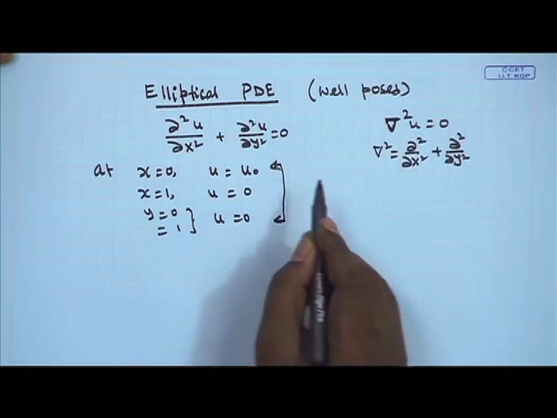So in this system, we will have a standard eigenvalue problem in the y direction only, not in the x direction, because the boundary conditions in the y direction are homogeneous.